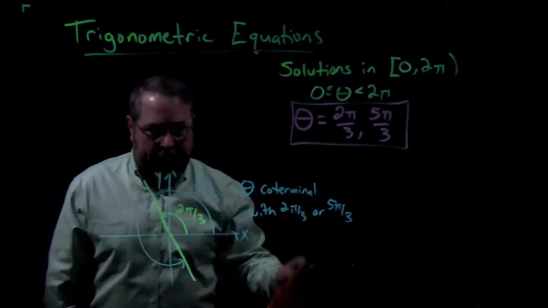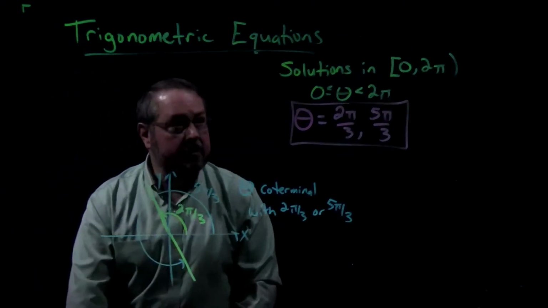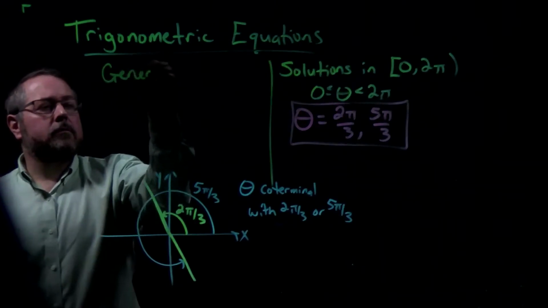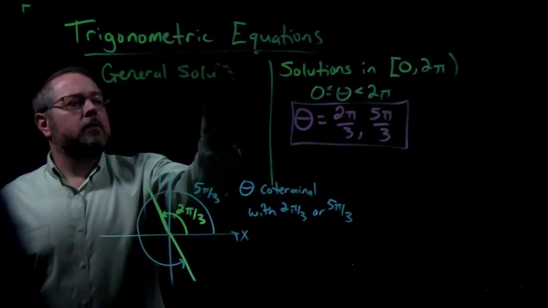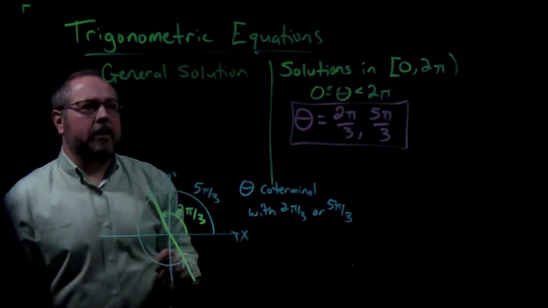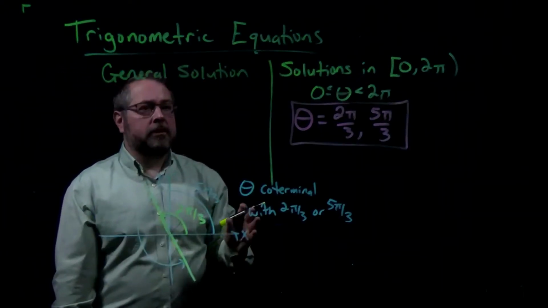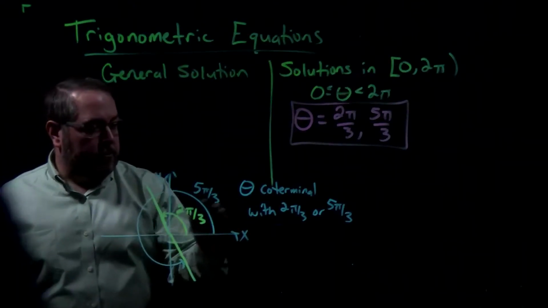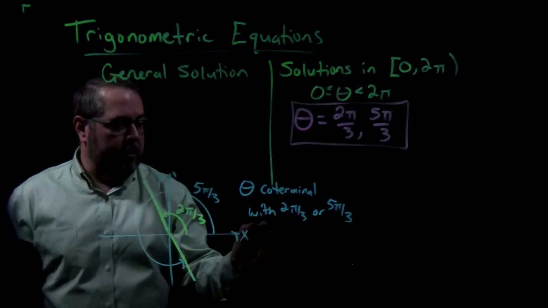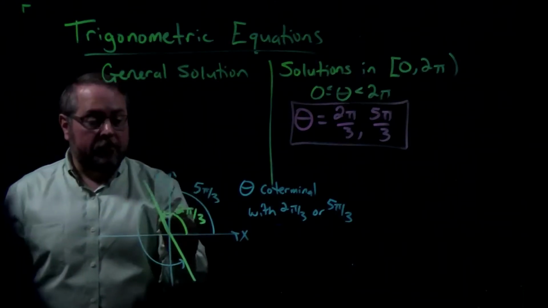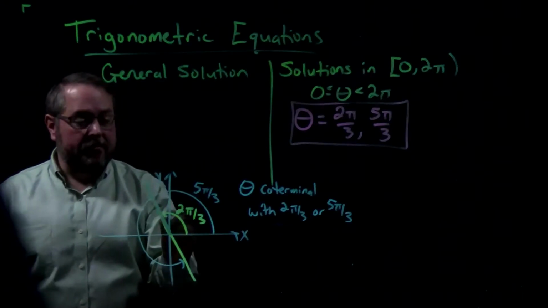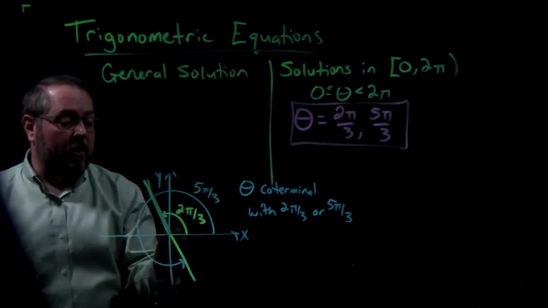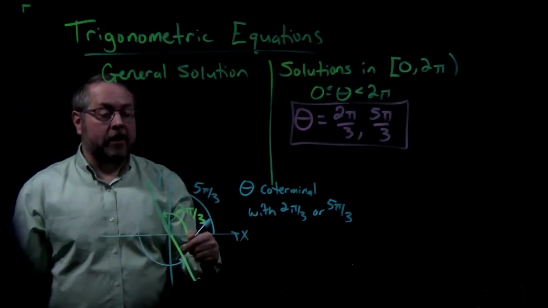But the other thing we can look at is the general solution. That is, we can construct a formula to get any solution to this equation that we want. And here we would use the fact that our solutions have to be coterminal with 2 pi over 3 or 5 pi over 3. That is to say, if we start at the angle 2 pi over 3 and we make 180-degree or pi rotations clockwise or counterclockwise, we're going to end up at another solution.